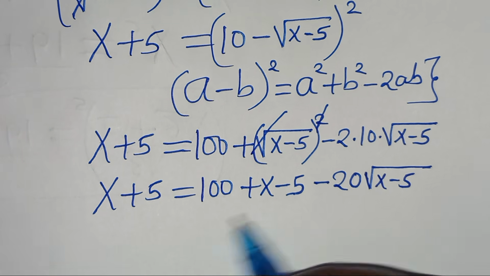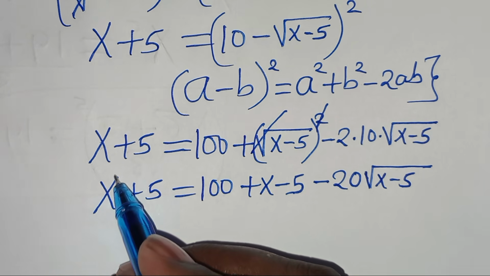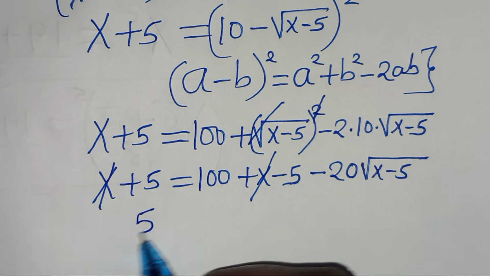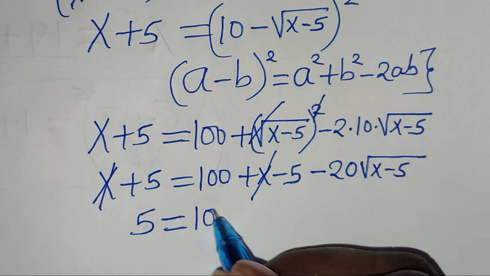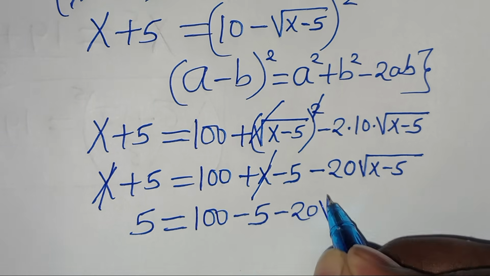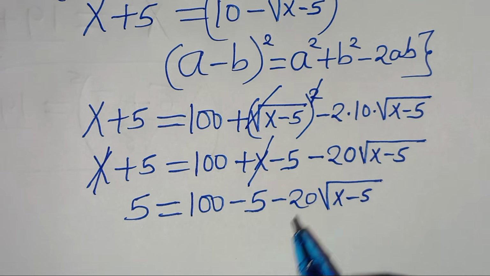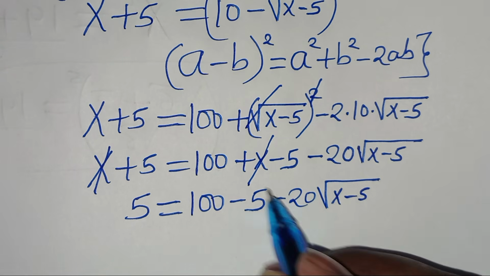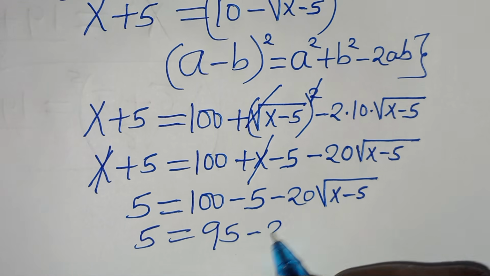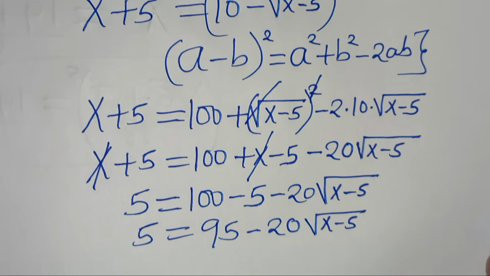So we have, this is plus x here. Now we have x and x simplifies, so that we have 5 is equal to 100 minus 5 minus 20 square root of x minus 5. So we have here 100 minus 5, this is equal to 95. Subtract 20 square root of x minus 5.